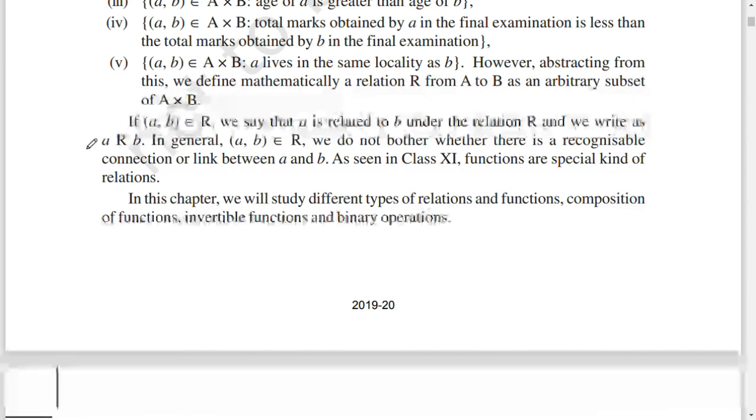In general, (a, b) belongs to R. We do not bother whether there is a recognizable connection or link between a and b. As seen in class 11, functions are a special kind of relation. In this chapter, we will study different types of relations and functions, composition of functions, invertible functions, and binary operations.